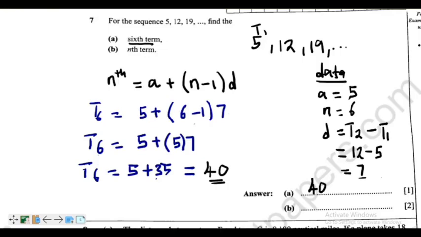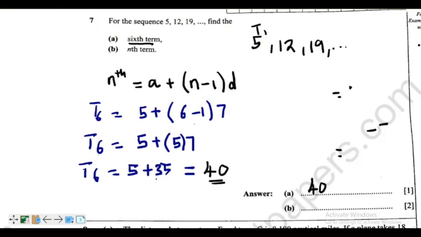Okay, let us now answer question B. So we have to find the nth term. Okay, so how do we find the nth term? So it's simple. Just come up with the same formula.